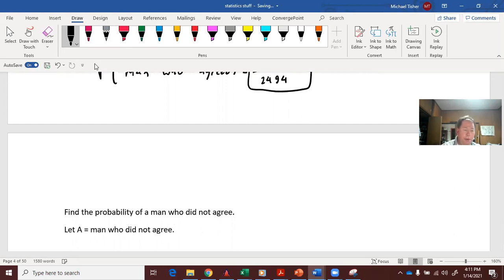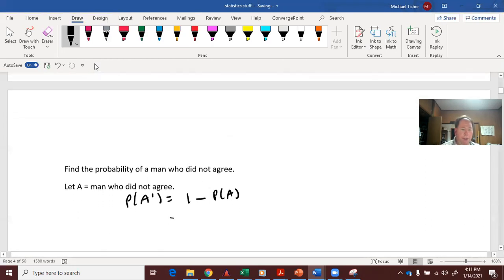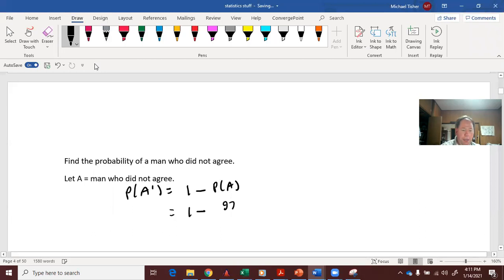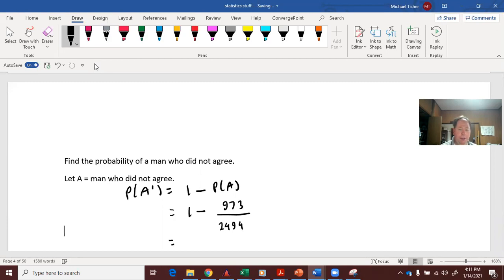And so we'll have P of A prime is equal to 1 minus P of A, and that's going to be equal to 1 minus 973 over 2,494. Working out the math, it gives us about 0.6099.